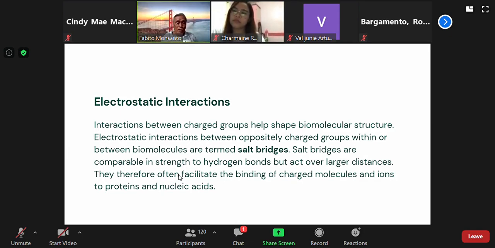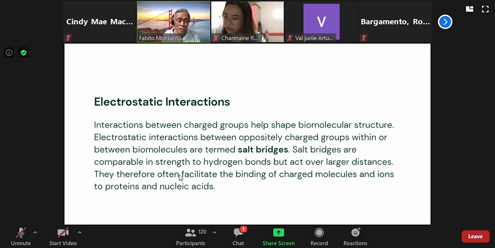These are due to charge groups. A positive to negative. One positively charged tail of an amino acid is attracted to the negative charge of another tail of an amino acid. And they form what we call salt bonds or salt bridges.